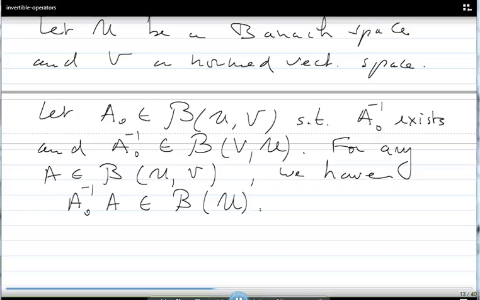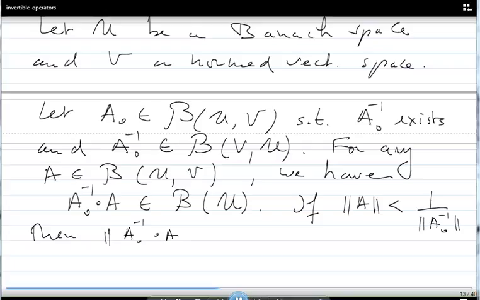Because A goes from U to V, A0 inverse goes from V to U, so this composition will go from U to U. So the calculations we just did will imply that if the norm of A is less than 1 over the norm of A0 inverse, then the norm of A0 inverse composed with A will be less than 1.